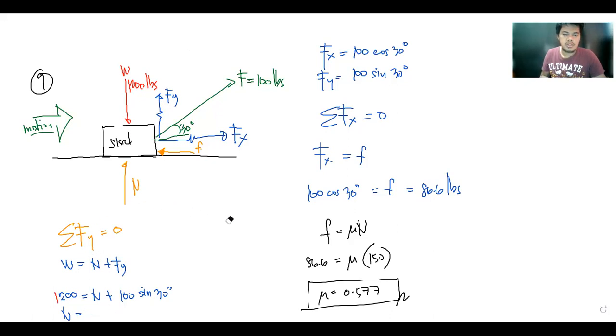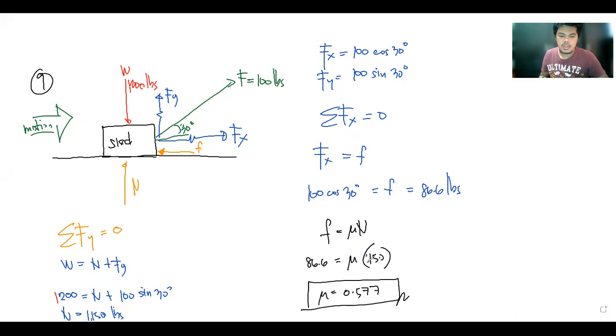So the normal force is equivalent to, instead of 200, we use 1,200. Anyway, we'll recalculate. The normal force is 1,150 pounds.